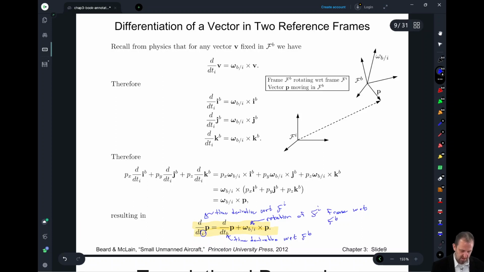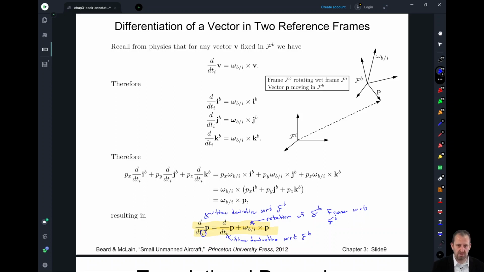It could be any two frames, but here it's F_b and F_i. So it's the rotation of the body frame with respect to the inertial frame, that rotational vector crossed with the vector we're interested in, this vector p.